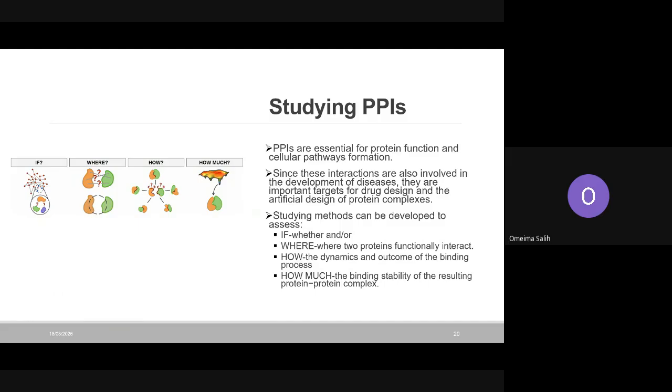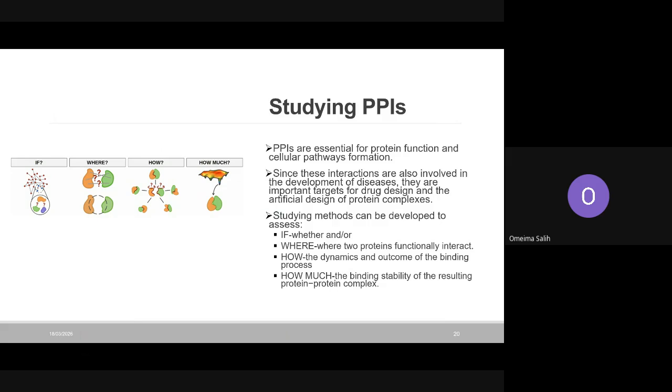Okay, we defined the different types of protein interaction. After defining these types, then you can study the protein interactions. You cannot study protein interactions if you don't know about your protein, the type of interaction it undergoes, the chemical nature of these interactions, and the physical and chemical properties of these interactions.